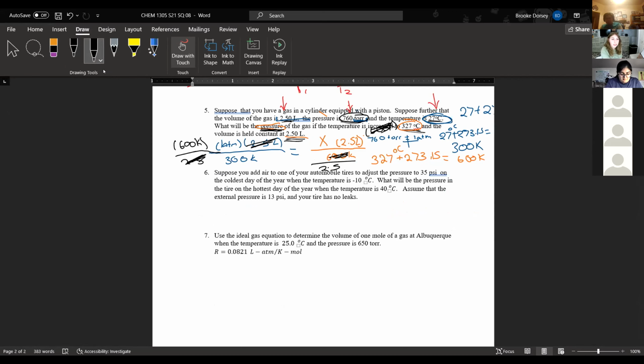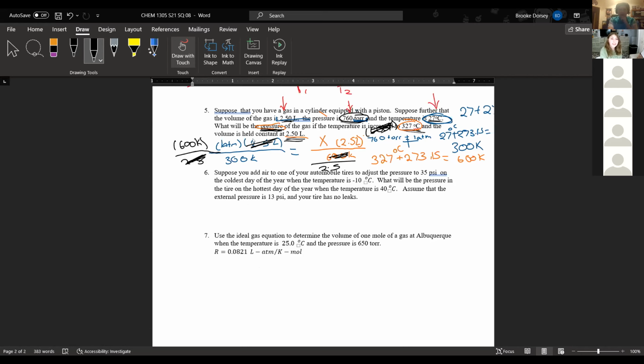What do we think we're going to need for this problem? A gas law again? Yeah, we're working with gas laws.